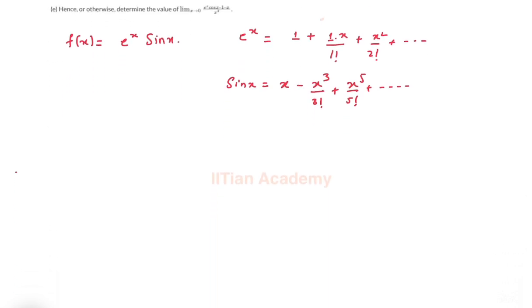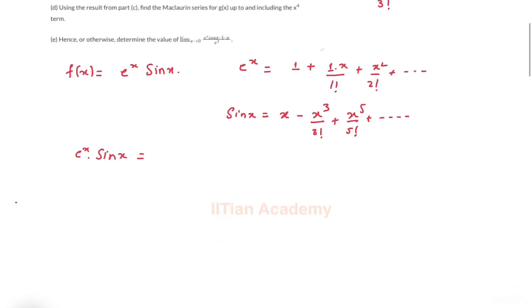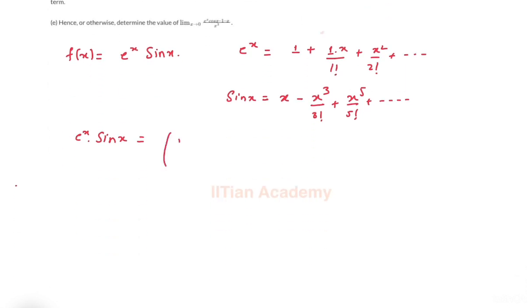Now, we can multiply these two series, and in the question it is said up to x cube. So when we multiply these two series, the first is 1 plus x by 1 factorial plus x square by 2 factorial and so on.